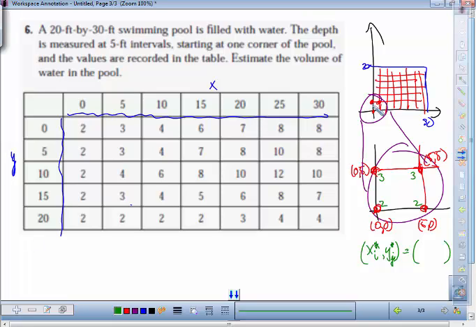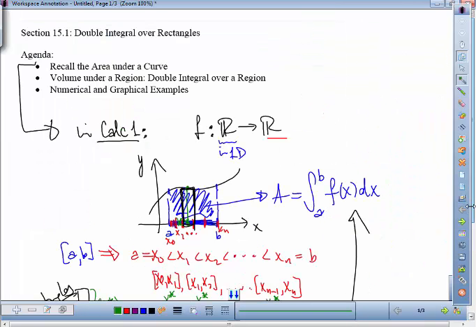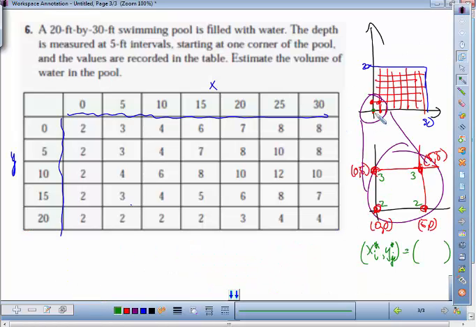So maybe for this first square, I might decide to use the lower left-hand corner to be my representative point. Just like back in Calc 1 or Calc 2, you would say I would use the left endpoint. Or you can use the right endpoint. So in this case, we can use the lower left endpoint, the lower right endpoint. Now we have 4 of them, the upper right endpoint or the upper left endpoint. So we have 4 to choose from.